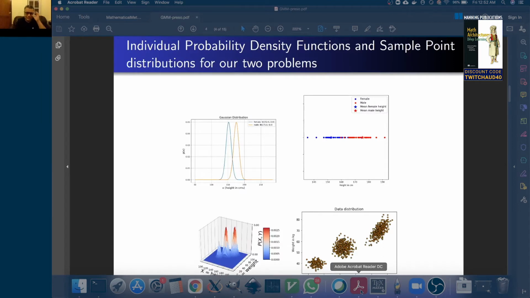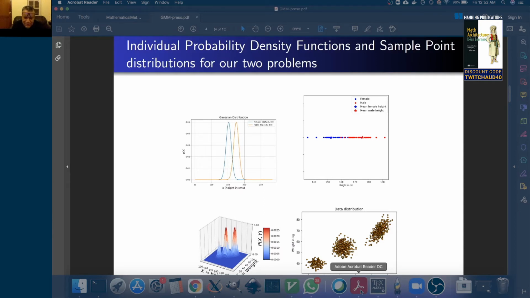All of this is pictorially depicted here. I hope you can see this properly. The diagrams are small, but essentially you will see there are two Gaussians. The blue one is female and the orange one is male, and they have separate means and variances.